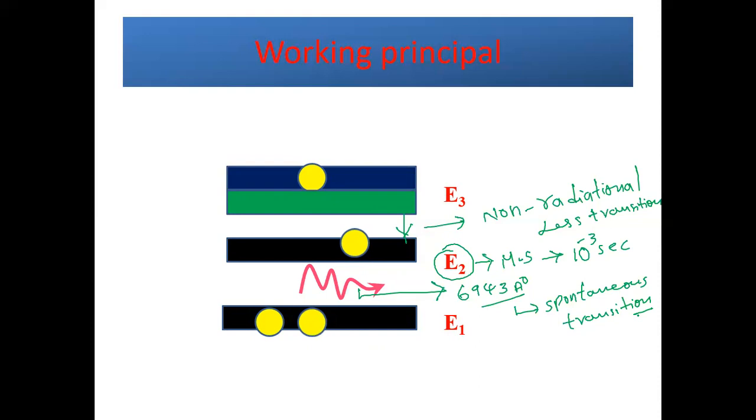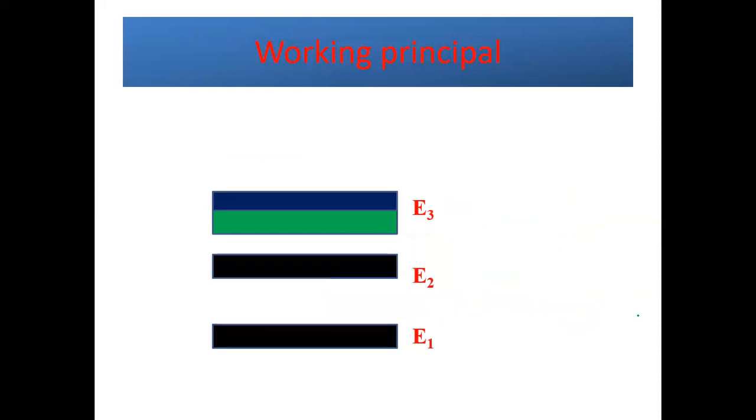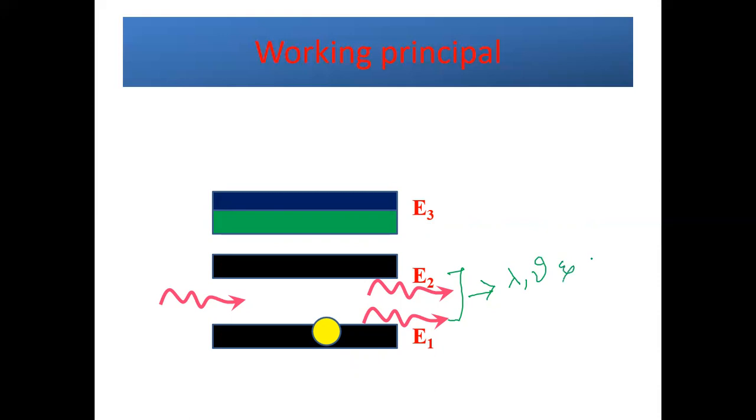This photon again stimulates the chromium atom present in the E2 energy level, which then decays to the E1 energy level and gives two photons. These two photons have the same wavelength, same frequency, and same energy.